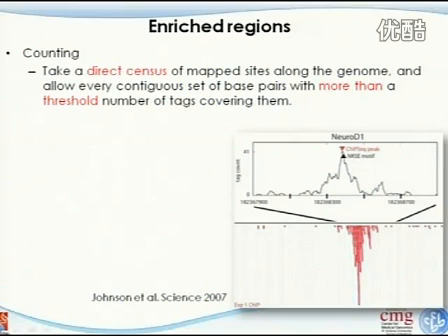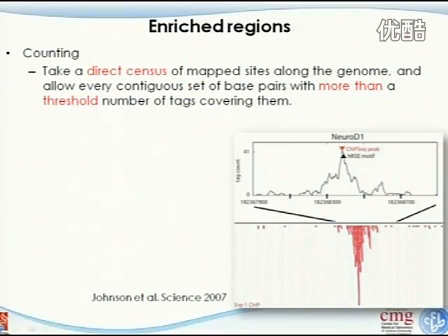So this is a very straightforward way to do this, which is called counting. So this takes a direct census of mapped sites along the genome and allows very contiguous sets of base pairs with more than a threshold number of tags covering them. So just basically you count the numbers and then you set up, oh, it's beyond a certain threshold.